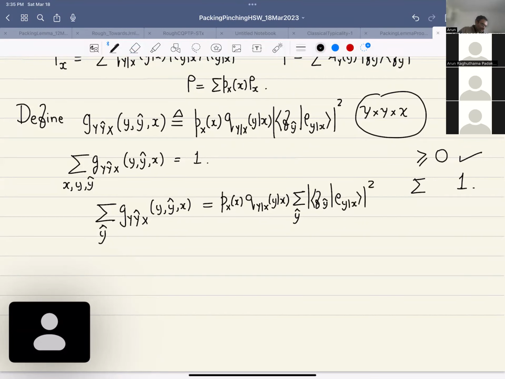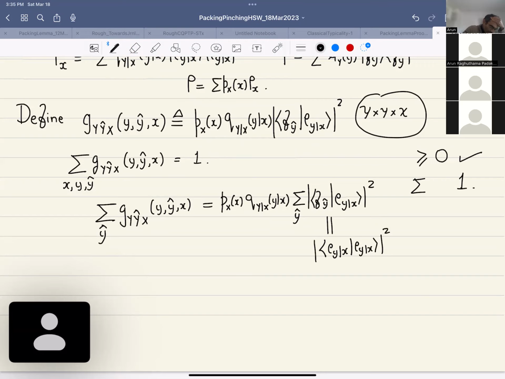What is this term? Just one. It's the norm of Ey given x, because you're looking at the sum of the coefficients when expanded in terms of the basis f y hat.